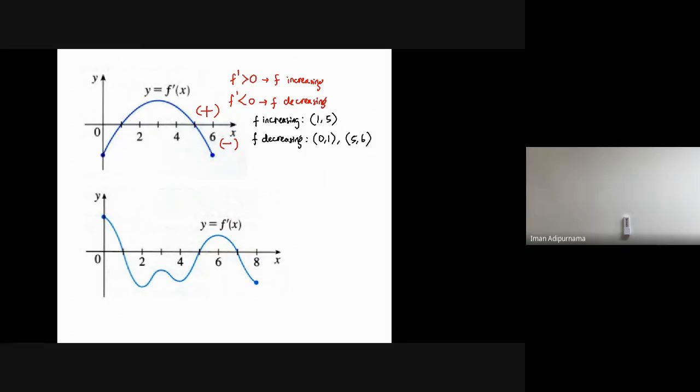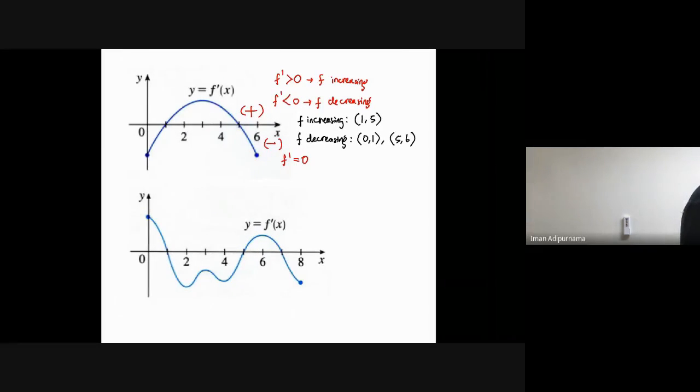To check whether it is max or min, we need to figure out where f prime is 0, right? f prime is 0 at 1 and 5, right? So let me write at x equal 1. At x equal 1, you see the change is from negative to positive, so it's going down and going up.